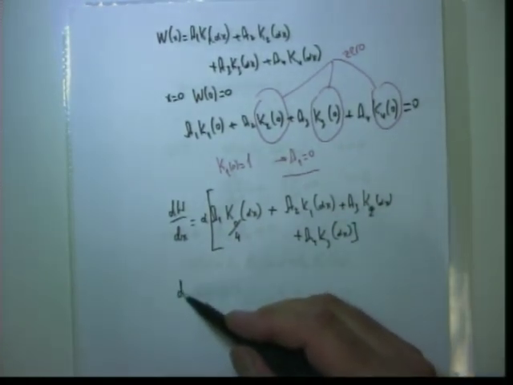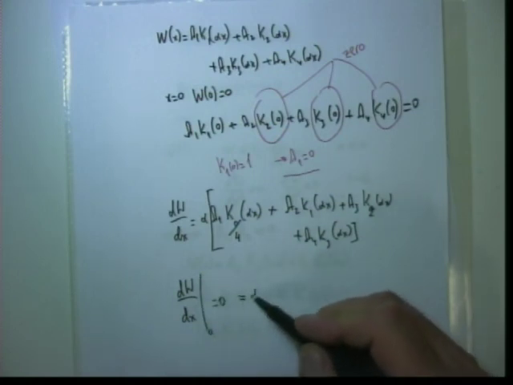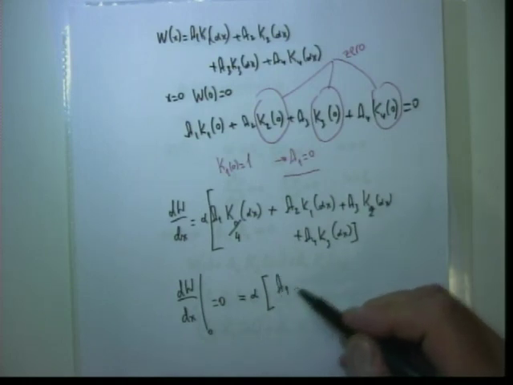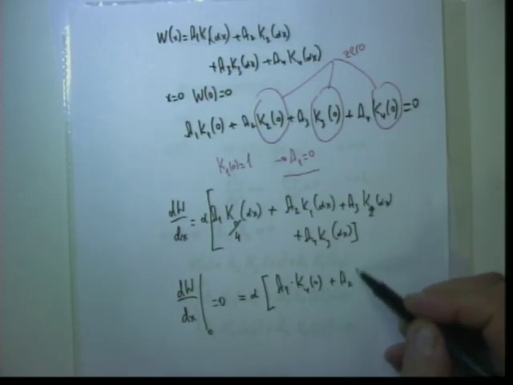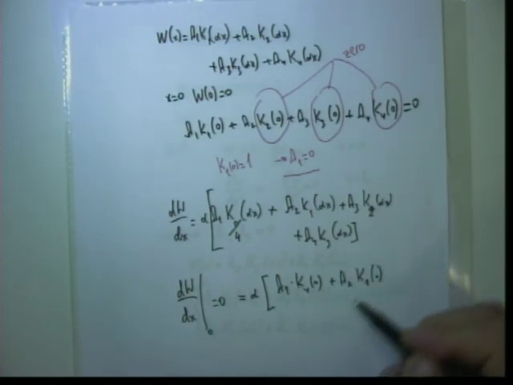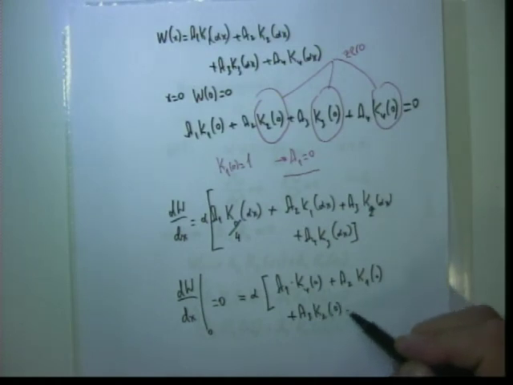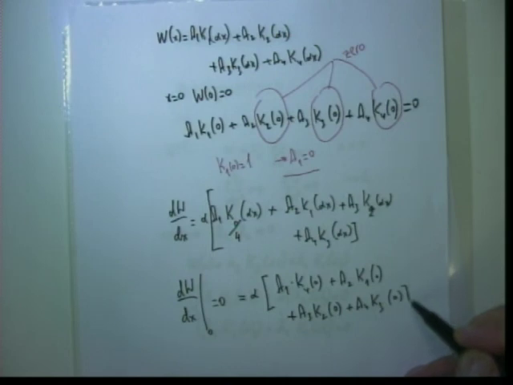Now at 0, dW/dx at 0 equals 0, and this equals alpha times A1 K4 at 0 plus A2 K1 at 0 plus A3 K2 at 0 plus A4 K3 at 0.